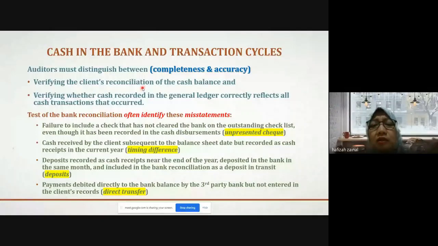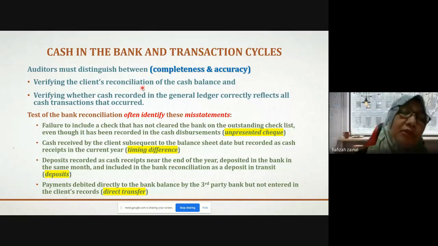So that is very important when we audit cash at bank. The most important thing that we will ask for would be the bank reconciliation. Later I will share with you how we do the audit of the bank reconciliation.